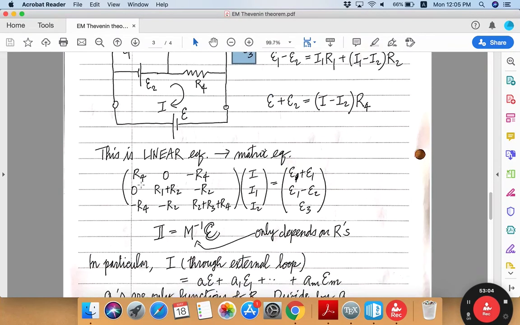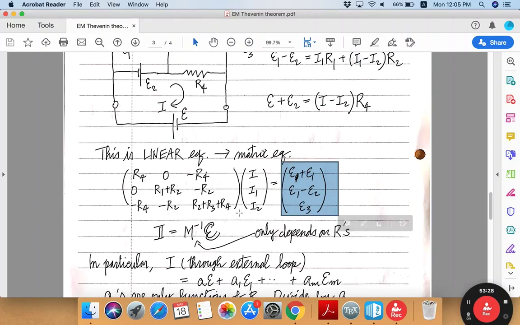Which means you can avoid the complication and simplify the problem a lot by taking all three epsilons to be 0. So then this epsilon vector will have elements equal to just epsilon and 0 and 0.